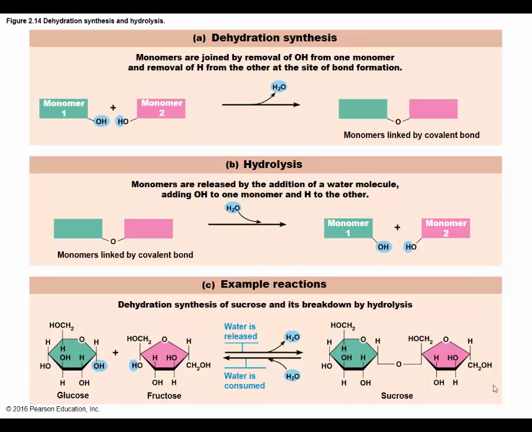If you look on the left side of the page here, we can see OH is removed from one monomer, and H is removed from the other monomer, and we get a covalent bond here between those two. So now we're building a polymer. This could be two amino acids bonded together here to form the building blocks of a protein. So this covalent bond, what would the name of it be?